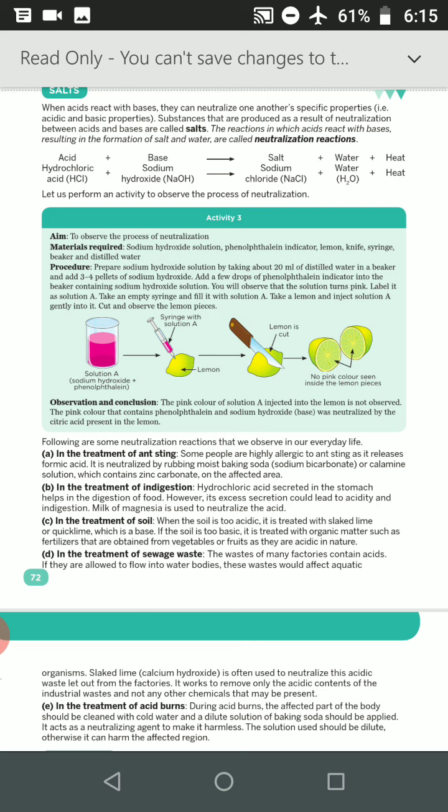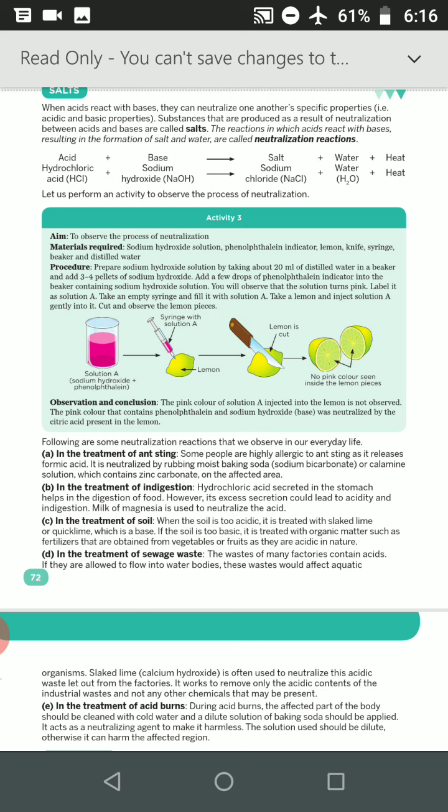How can we cure this? It is neutralized by rubbing baking soda or calamine, which contains zinc carbonate, on the affected area. Apply baking soda, that is sodium bicarbonate, on the affected area, then you will get relief.